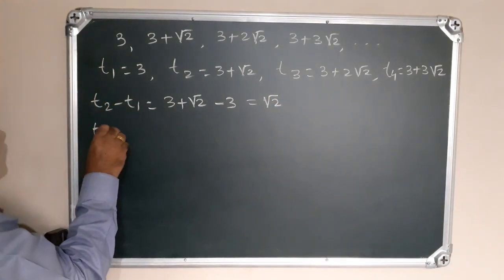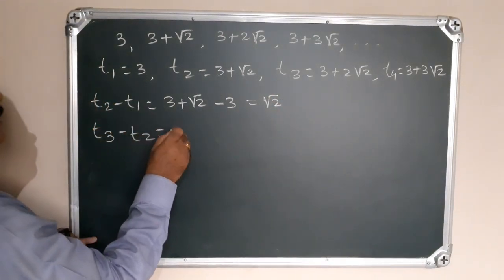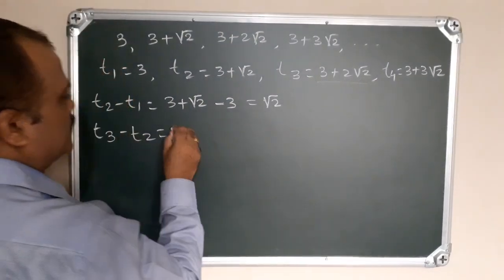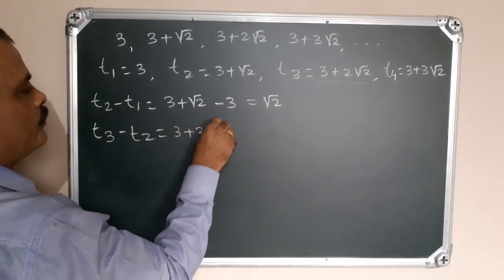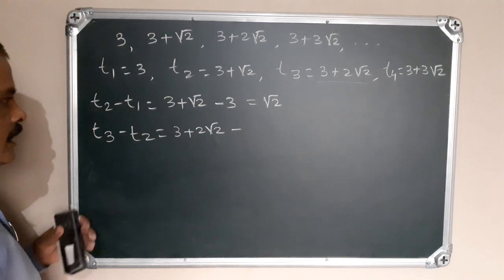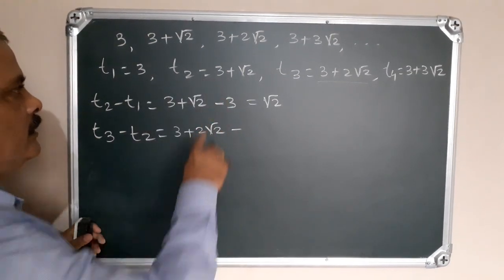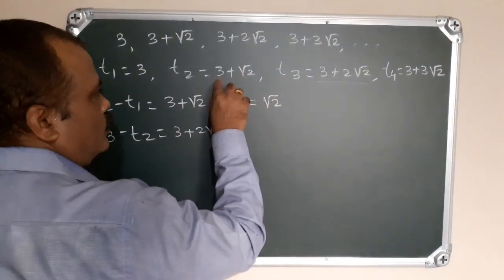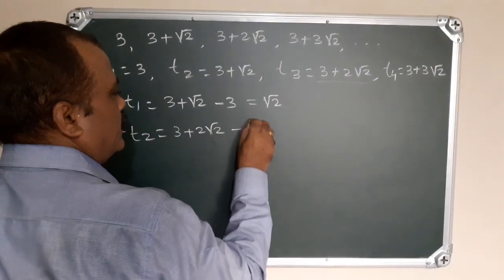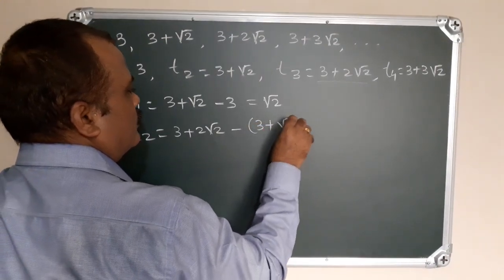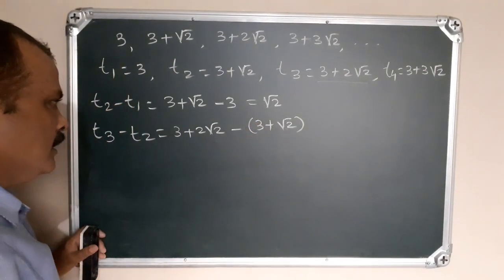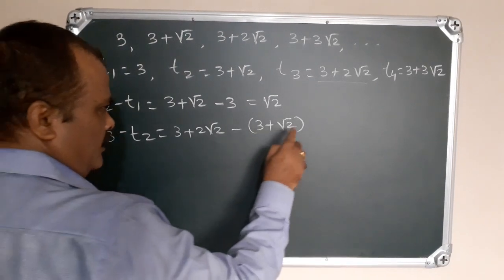Then T3 minus T2. What is the value of T3? T3 is this, 3 plus 2 root 2 minus, and the value of T2 is 3 plus root 2. So write it in a bracket, 3 plus root 2, because there are two terms.